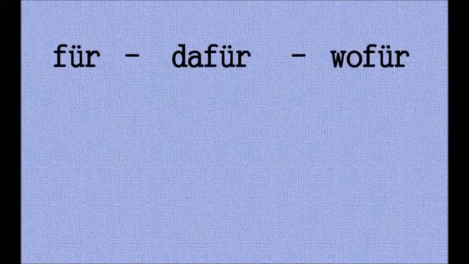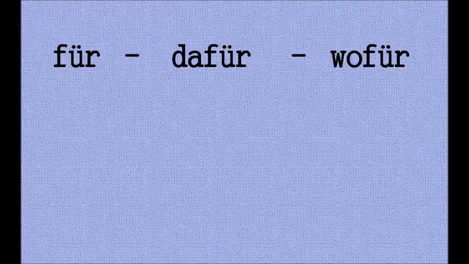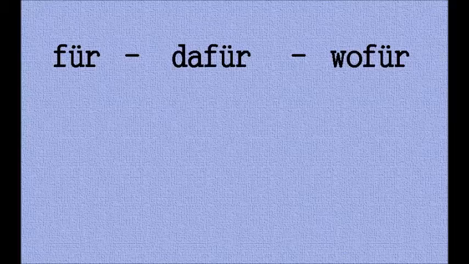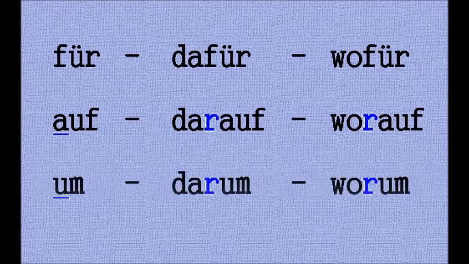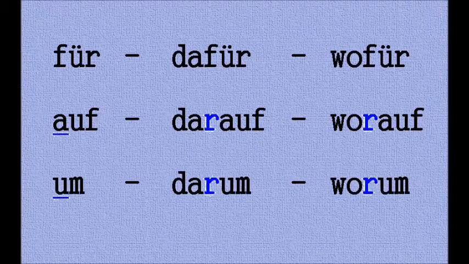In this example, the preposition starts with a consonant. For the prepositions that start with a vowel, they will have an R between the merged parts to pronounce them more easily. For example, auf, darauf, worauf, um, darum, worum.